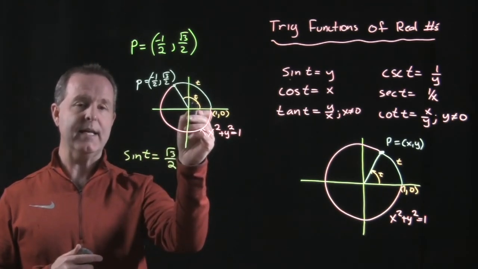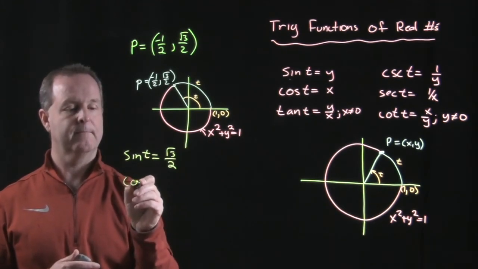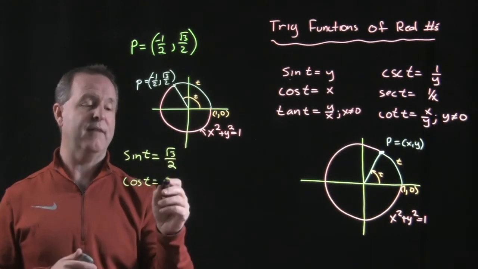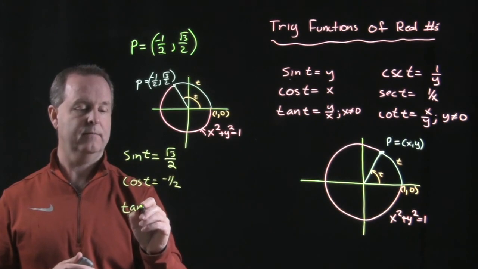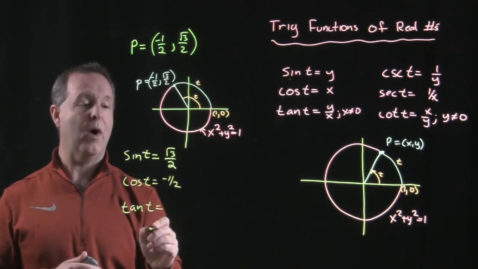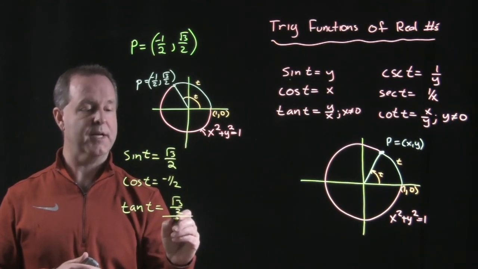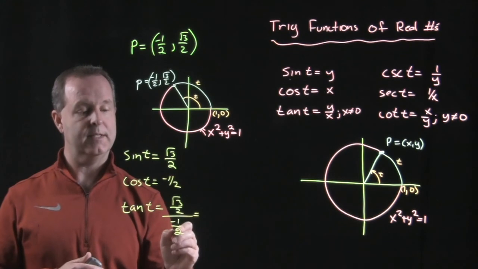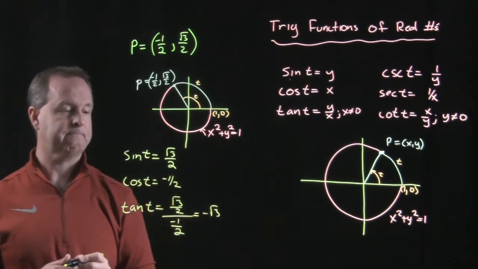So the sine of t is root 3 over 2. The cosine of t, what do you think that one is? That's my x value, -1/2. My tangent of t is my y over my x. So root 3 over 2, complex fraction, -1 over 2, and that reduces down to negative root 3.